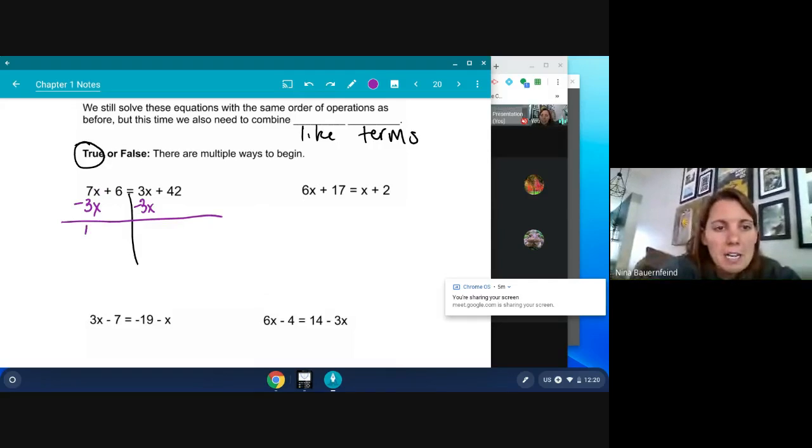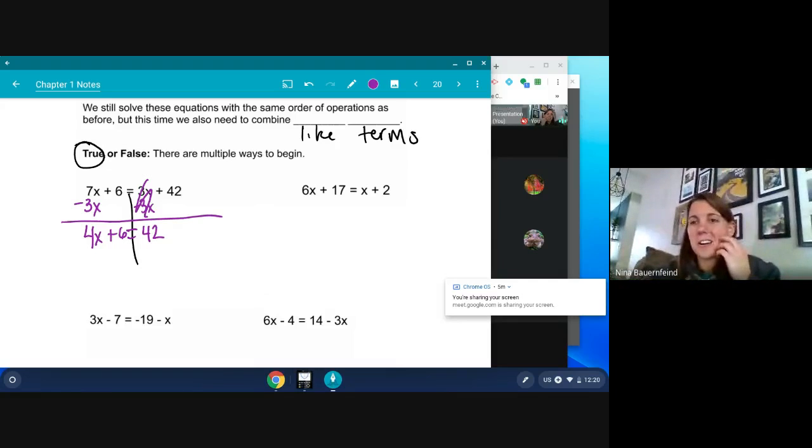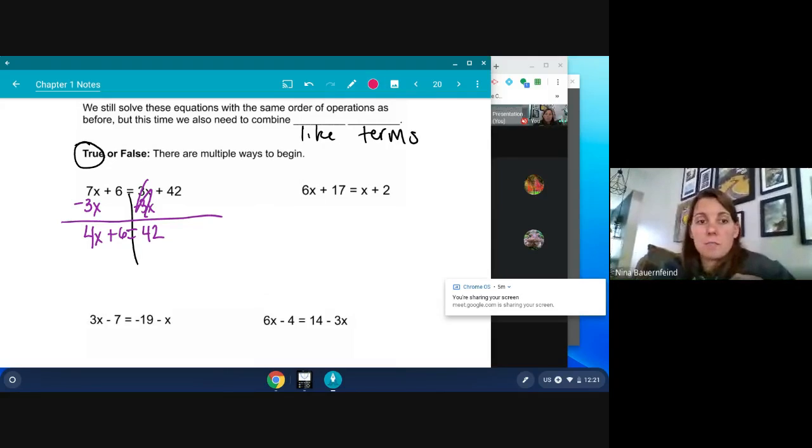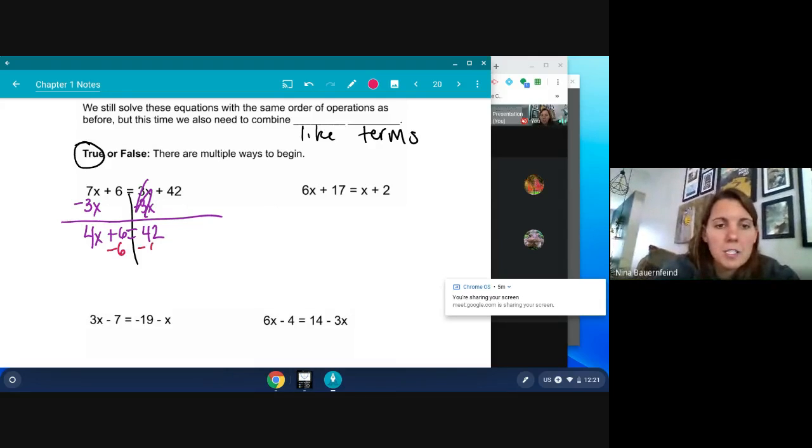7x minus 3x is 4x. Then we have plus 6 in this lane. These are gone, so that's just equal to 42. Do you guys see what happened there? Then what's the opposite of plus 6? Subtract. Yep. So we're going to subtract 6, subtract 6. These disappear.